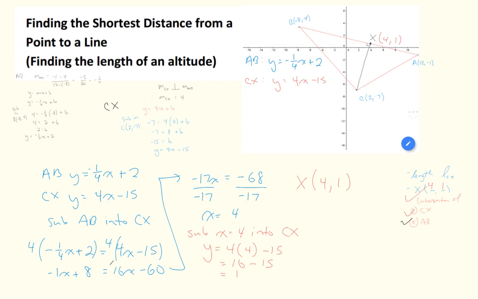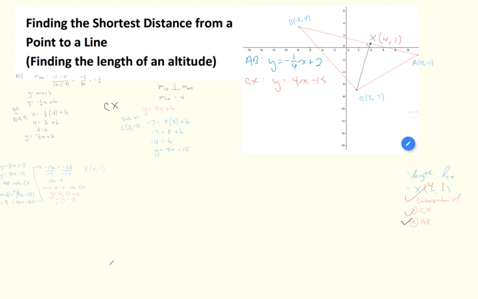And I have one thing left to do, to find the length that I was instructed to find. And here we go. Using the equation for length, CX is the square root of, well, let's just do it, x2 minus x1 squared plus y2 minus y1 squared. Let's sub in.